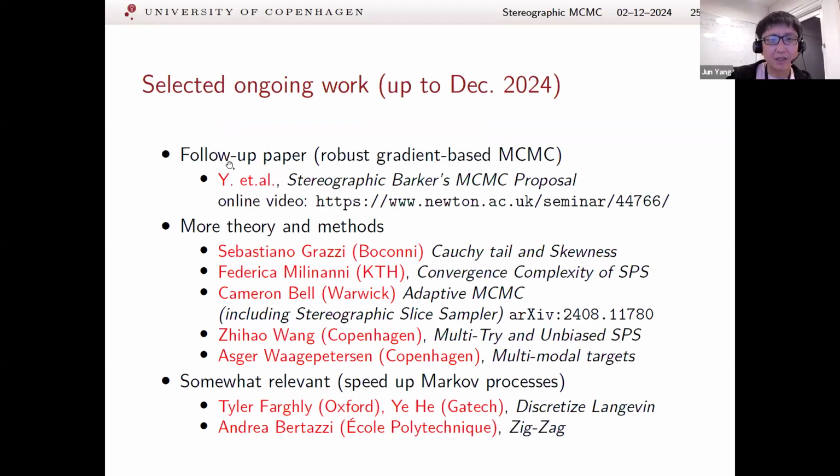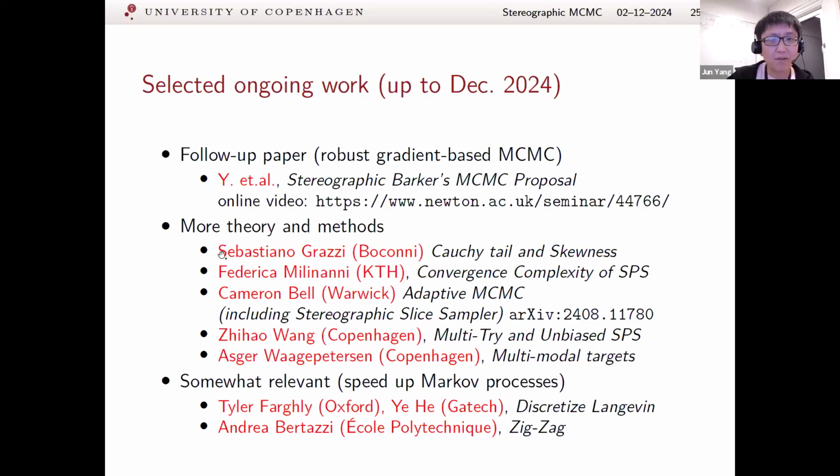We also have a follow-up paper, which is a robust gradient-based MCMC algorithm. If you find this talk interesting, I think there will be an online video at this link, because last week there was a workshop at the Newton Institute in Cambridge. My talk was recorded and it will be online. If you click this link after maybe 2 weeks, you will perhaps see the video.